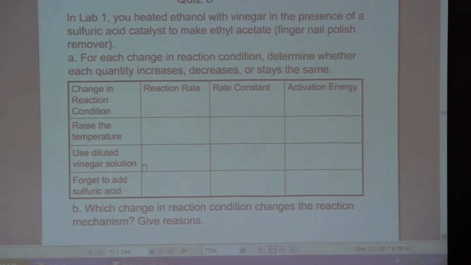Okay? If you lower the concentration, is that going to change the mechanism of the reaction?